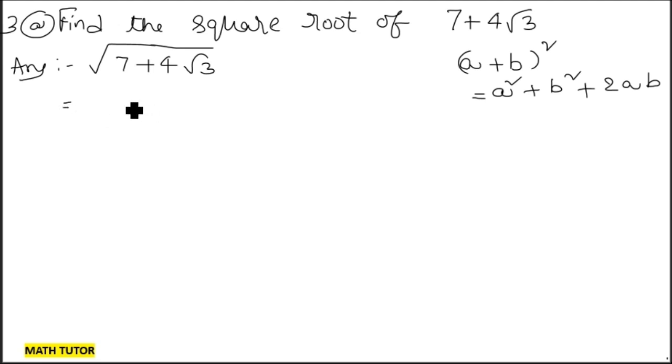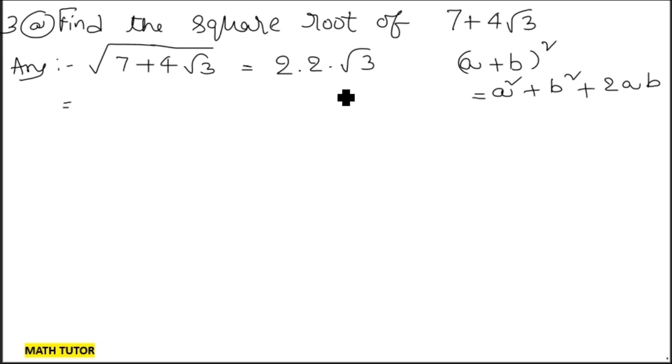Whenever you are attempting these kinds of problems, first look at the number with the root. It will be helpful to find A and B. So 4 root 3, in how many ways can I split it? It has to be in the format of 2AB, right? 2 into A into B, or 2 into 2 into root 3.